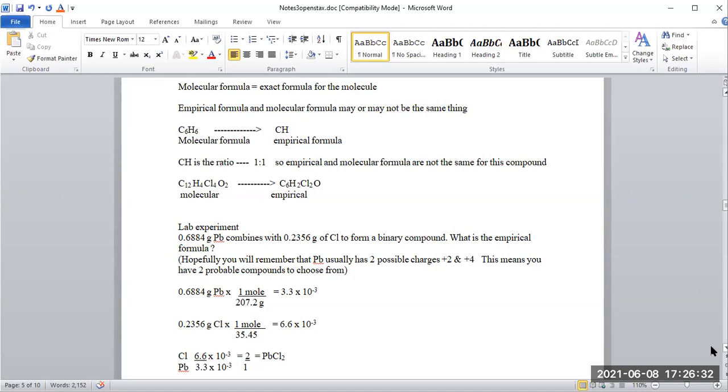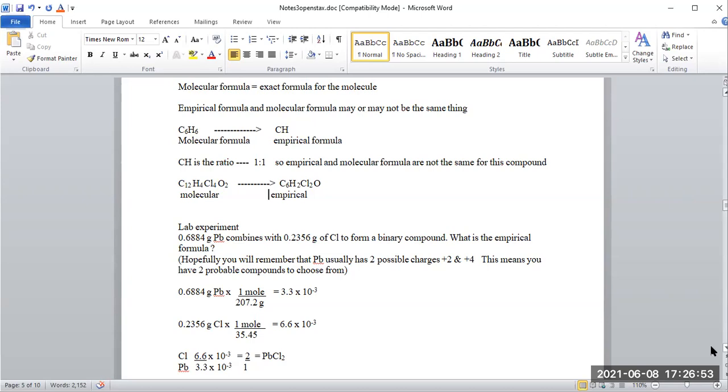For my chlorine, same basic premise, 0.2356, divide it by its atomic weight from the table, 35.45, and I get 6.6 times 10 to the -3.